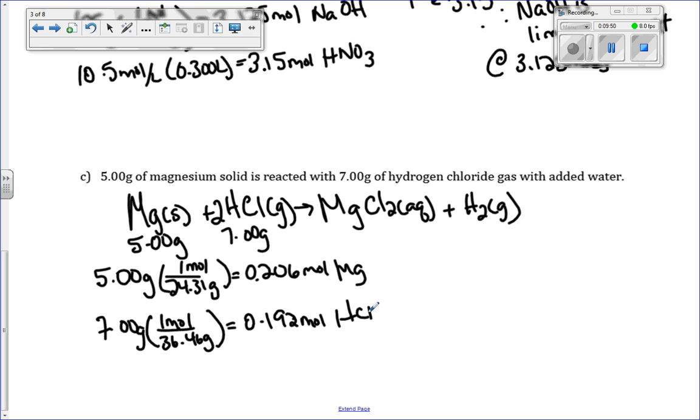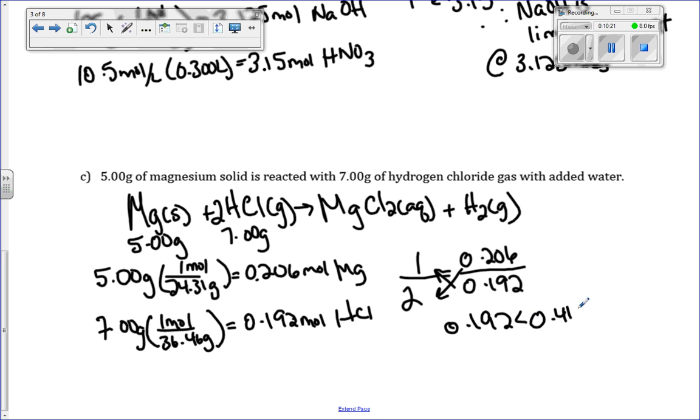The third step is to look at the mole ratio. So we have 1 mole of magnesium, and from our reaction we see that we have 2 moles of hydrogen chloride gas, and our calculated values are as such. When we look at the rate of consumption, we see that 0.192 is less than 0.412.